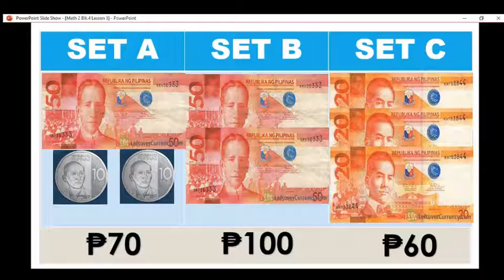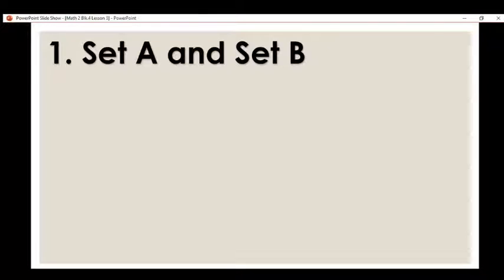Now that we know the total amount in each set, we can compare them in our activity. Let's have letter A. We have set A and set B. Before we compare, we should remember the total amount of each set.